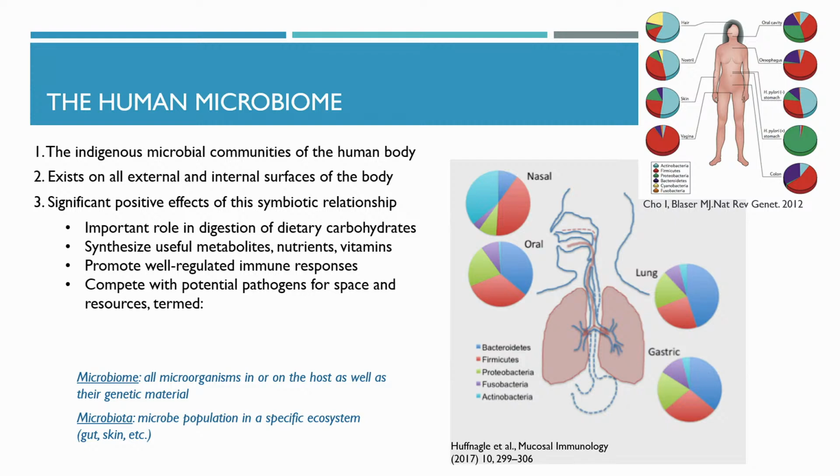We know that microbiology and immunology are very tightly linked, and so the microbes can help promote good health. Like we also talked about, they can compete with potential pathogens for space and resources. So what did we call that? Shout it out. You should know this. Colonization resistance, yes. You guys should know this. It's going to come up a lot.